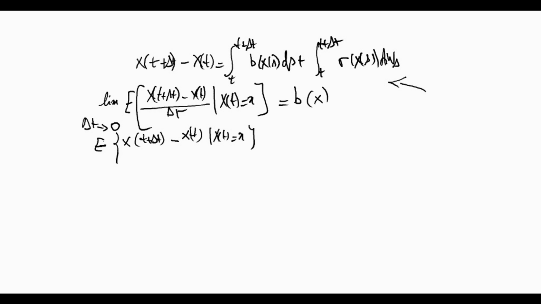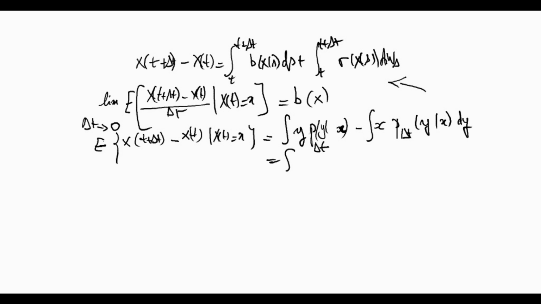So this is simply the integral of y times the probability to jump from x to y during the time step delta t, using the fact that x of t equals x, so this can be written p of delta t, making a transition from x to y, dy.